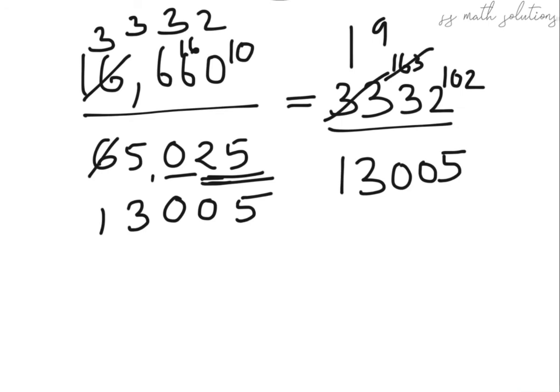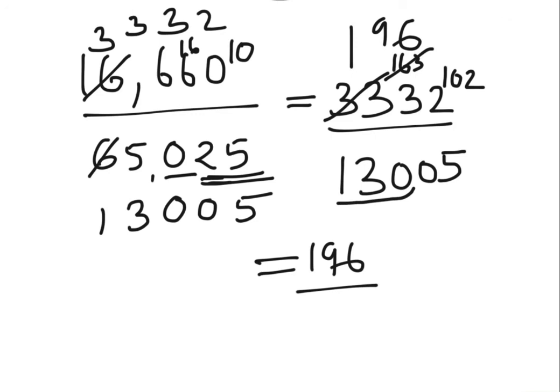Now we know that 17 into 6 is 102, so our number changes to 196 divided by, now here 13 is not possible, so our first number is 130. Now 17 into 7 is 119, so I am taking that 7 here. 130 minus 119, the remainder is 11.